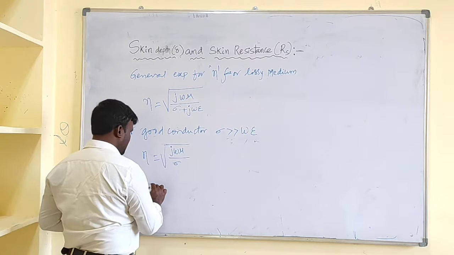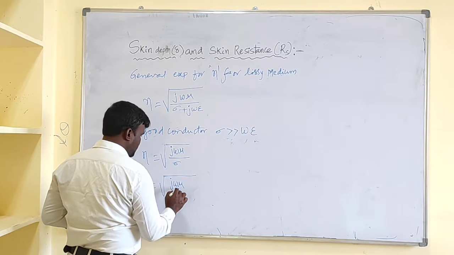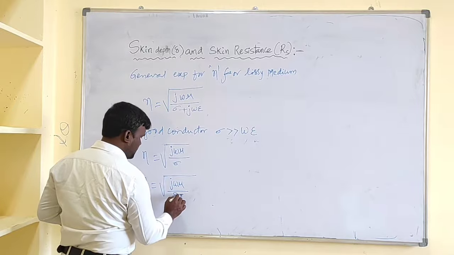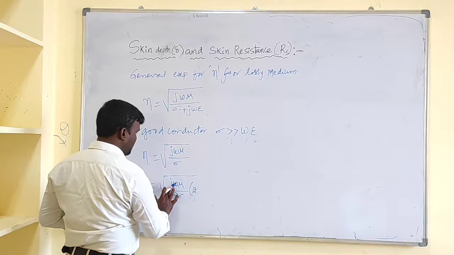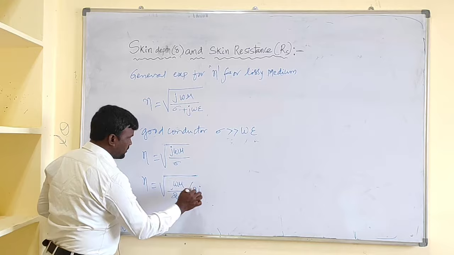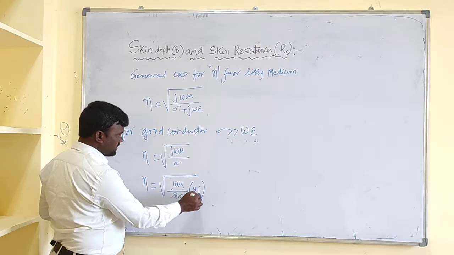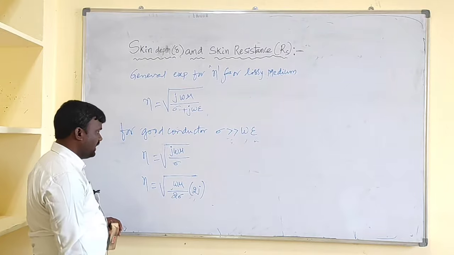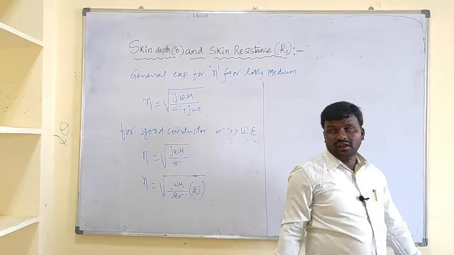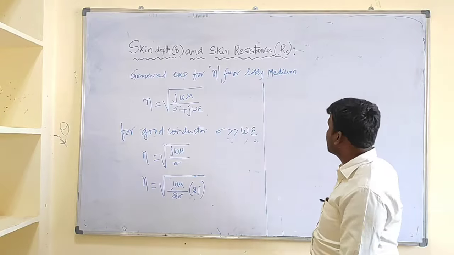Then this can be written again like this, under root. Let us multiply and divide with 2. So it is j omega mu by 2 sigma, and let us take the 2 here, and I will write this j here itself. As it is impedance, it is a combination of resistance and reactance.